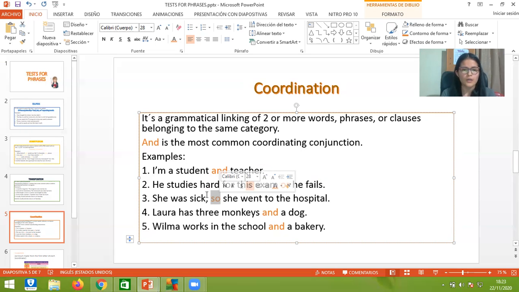Next: Laura has three monkeys and a dog. We use the coordination "and" in this example to talk about the same sentence.